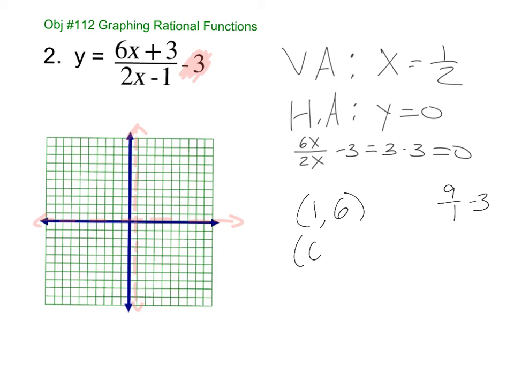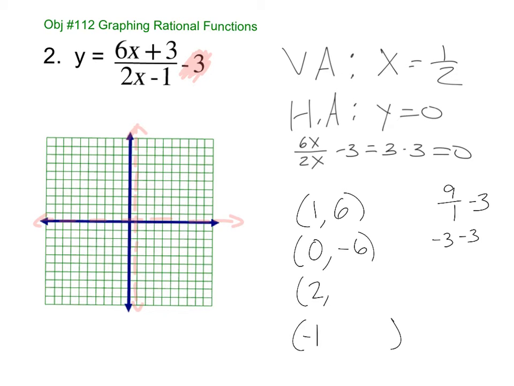I'm going to plug in 0. I get -3 minus 3, which is -6. I'm going to plug in 2. I'm just picking numbers, guys. And I'm going to plug in -1 also.